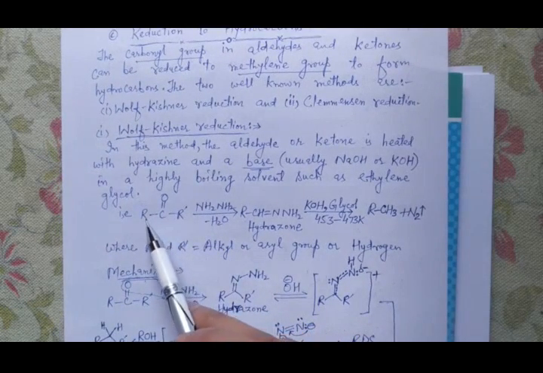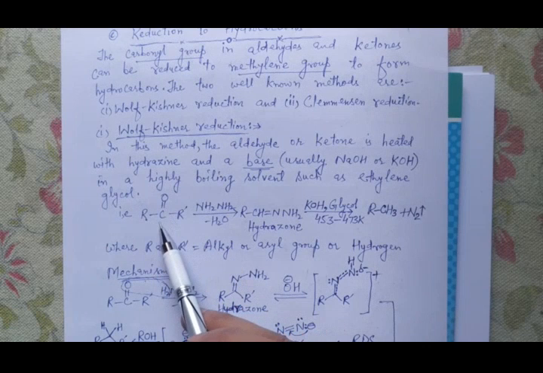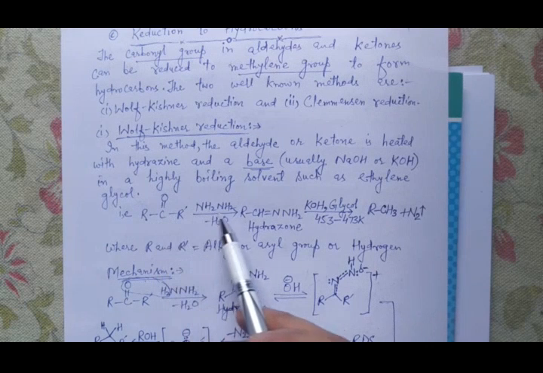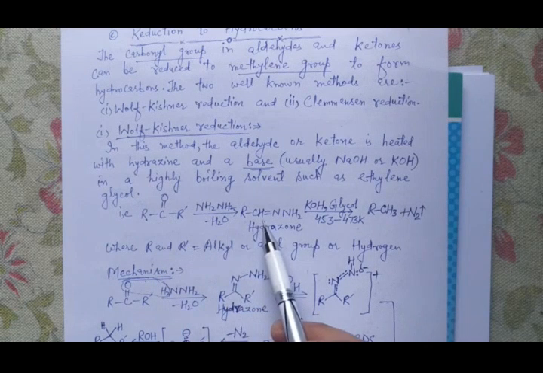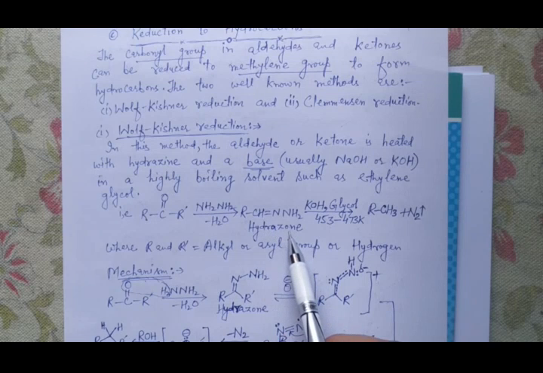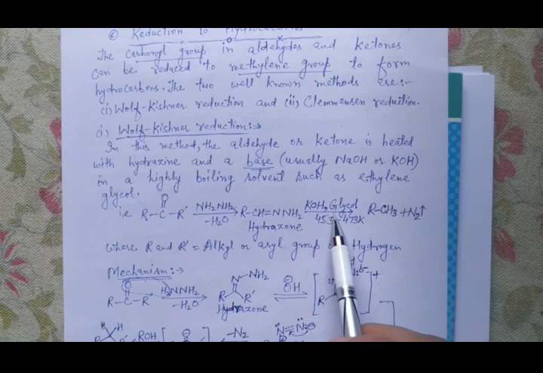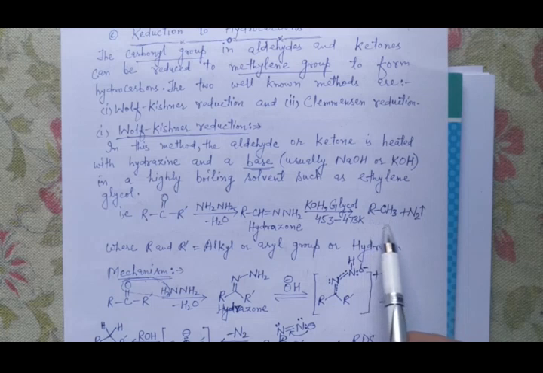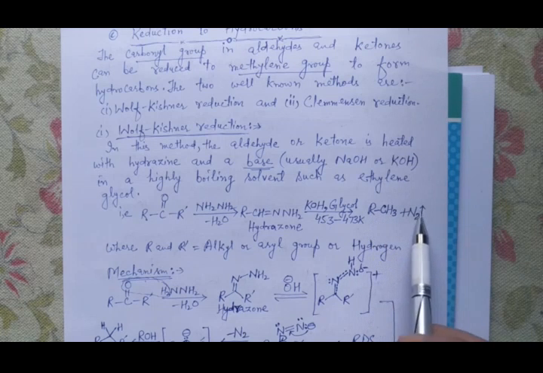Okay, so this is the general formula of a ketone. In the presence of these, it first gets transformed into a hydrazone, and then in the presence of that solvent and upon the action of a base, it gets converted into a hydrocarbon, CH2, with the evolution of nitrogen gas.